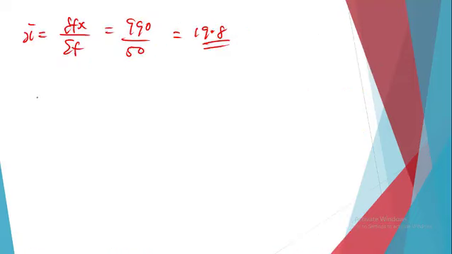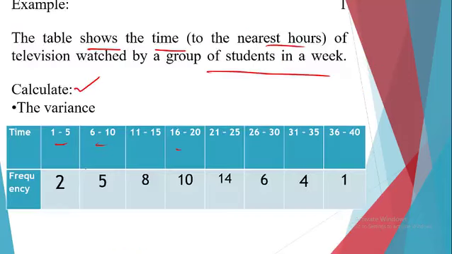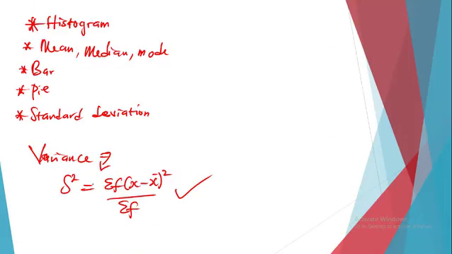Let me write it on the other page. We have our summation of f into x minus x bar squared to be equal to 3238.03. Okay, but remember the formula for variance is what? Summation of f into x minus x bar squared all over summation of f.